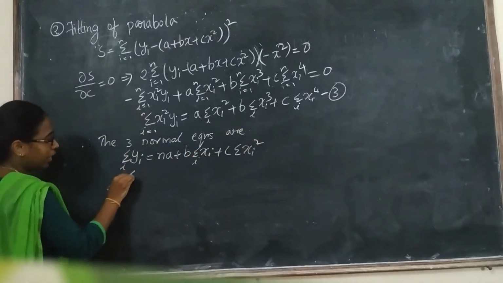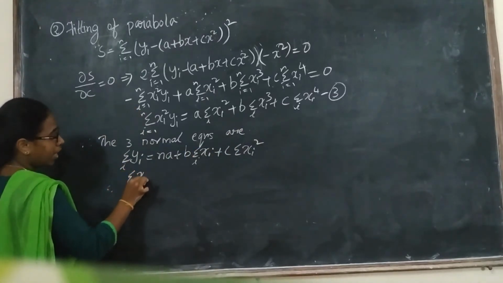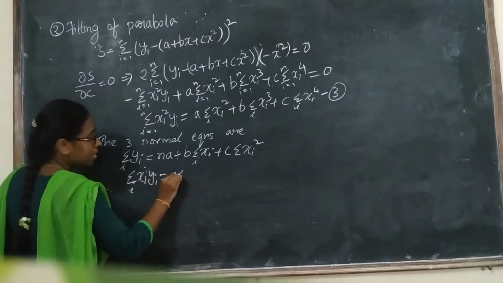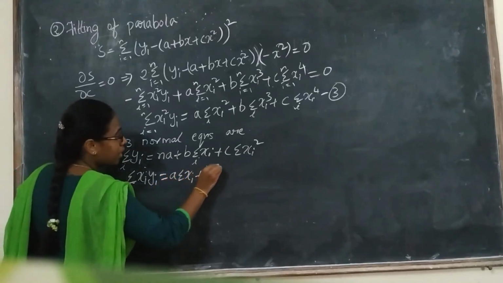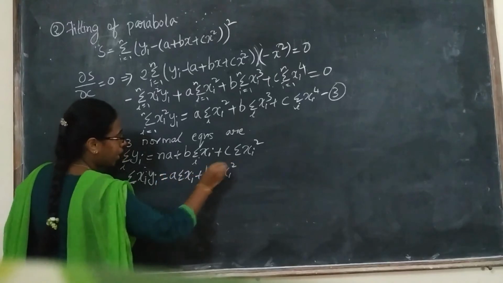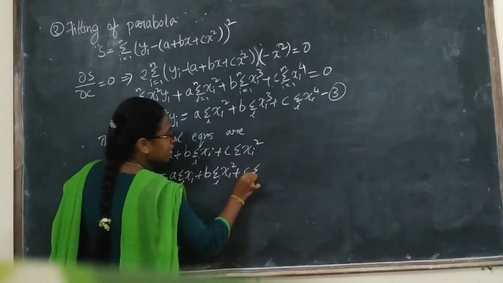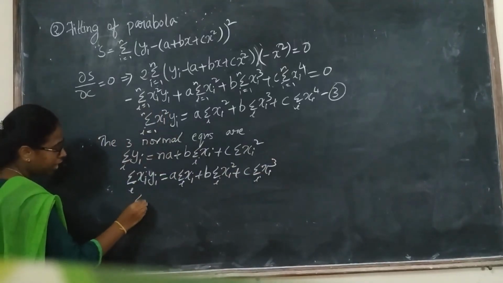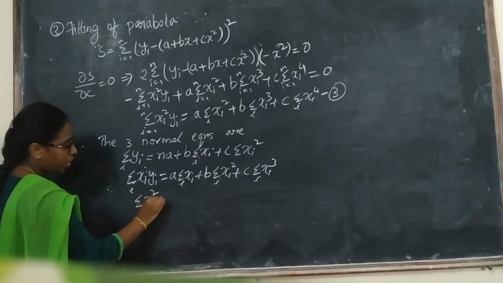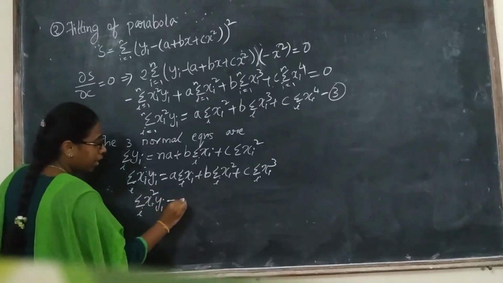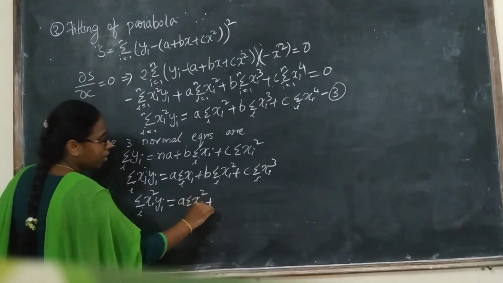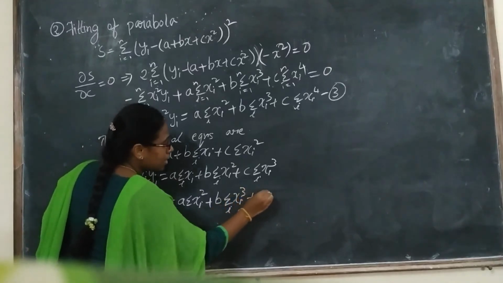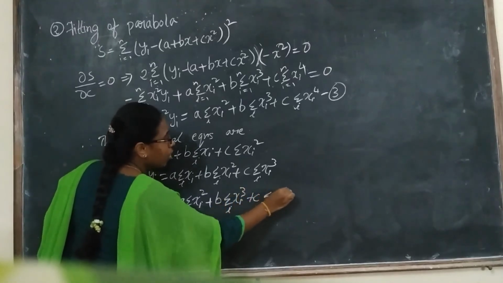Next, the second one we got is summation over i xi yi equals to a summation xi plus b summation xi square plus c summation xi cube. The third one is summation over i xi square yi equals to a summation xi square plus b summation xi cube plus c summation xi power 4.